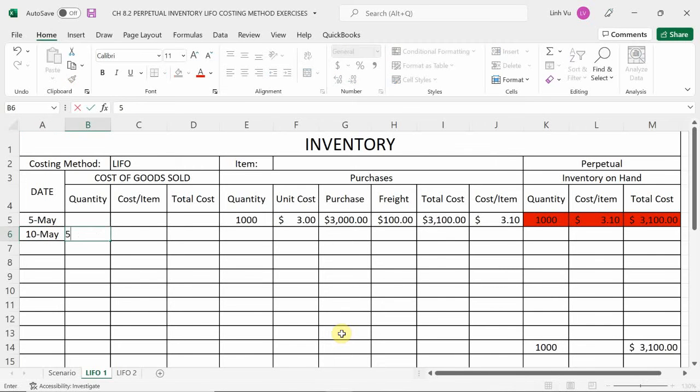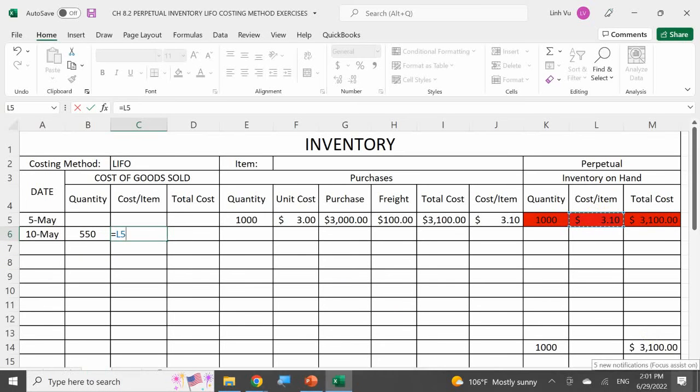Now in this case, we only have one batch of inventory, right? This one batch. How much is the cost per item for this one batch of inventory? 310. So I need to now calculate my cost of goods sold here.